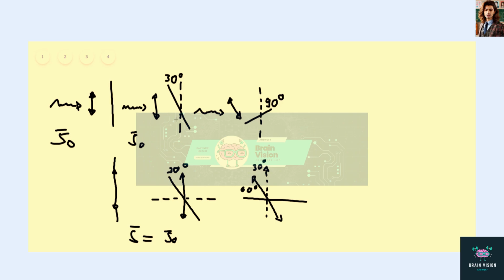Now, as it comes onto the second one, the polarization axis is rotated 30 degrees with respect to the vertical, or the current polarization. And so we reduce the intensity by cos squared 30 degrees, and we move our way through to the third one, or the last polarizer, which is actually horizontal, which means that with respect to our current 30-degree rotated polarization, this new polarization axis makes a 60-degree angle.